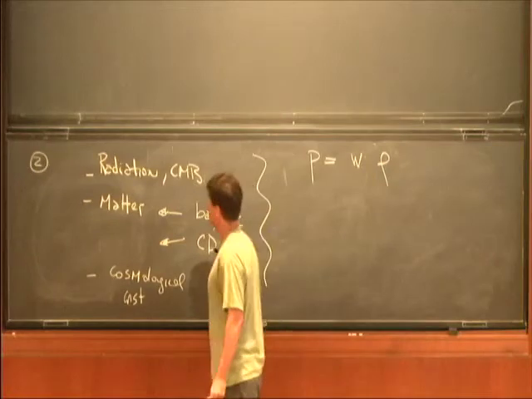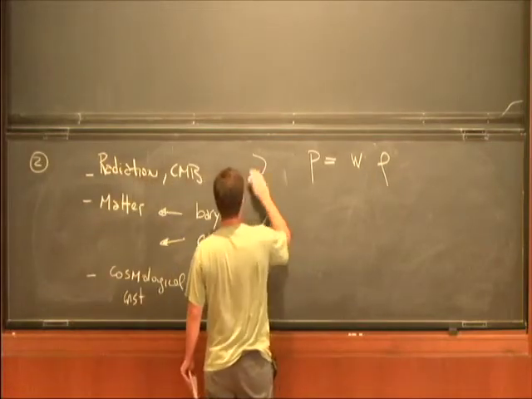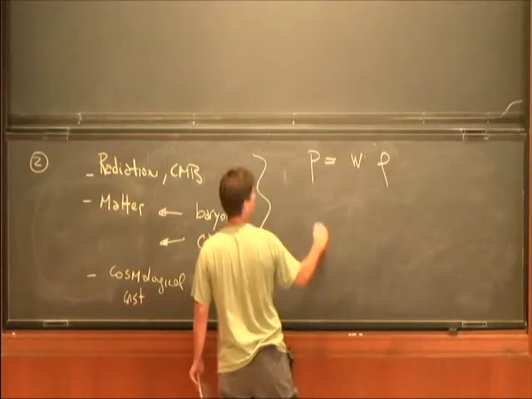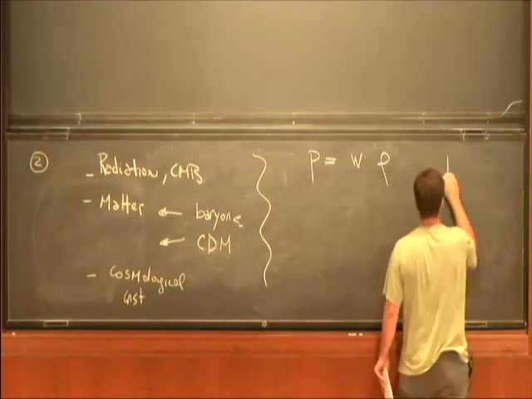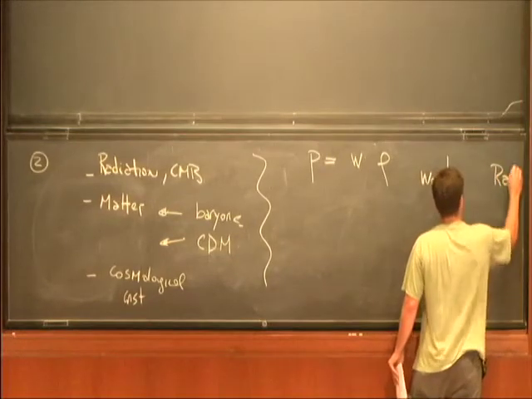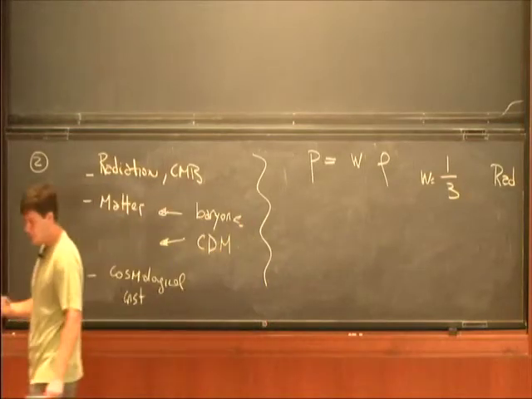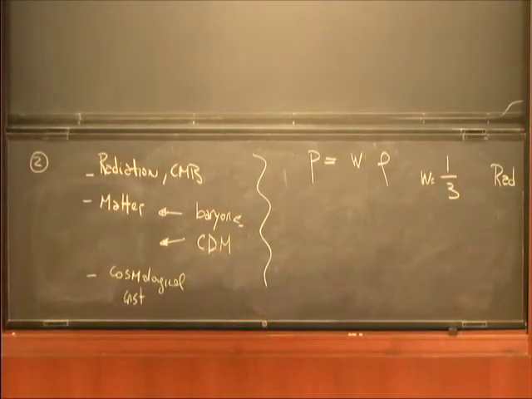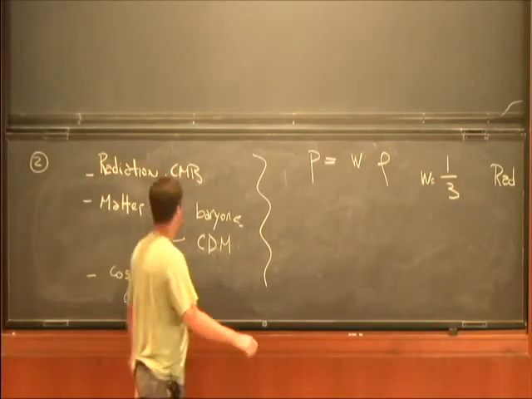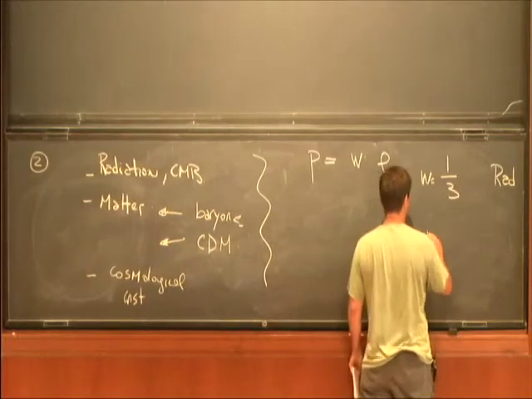So something like radiation has a pressure which is 1/3 of energy density, so w is 1/3 for radiation. In the case of non-relativistic matter, this w is basically given by, say in a gas, the typical velocity of the particles in the gas divided by the speed of light. So for a non-relativistic gas, this is very close to 0.